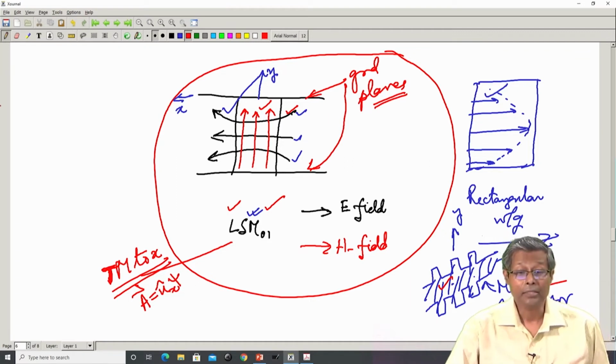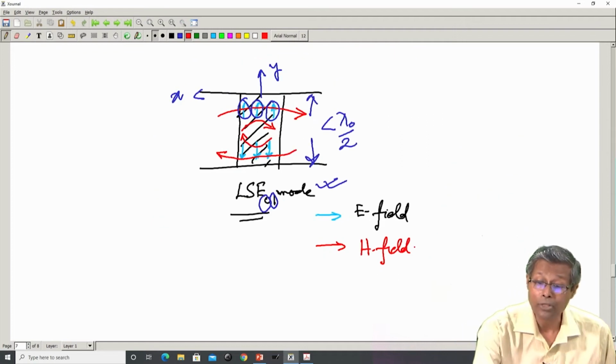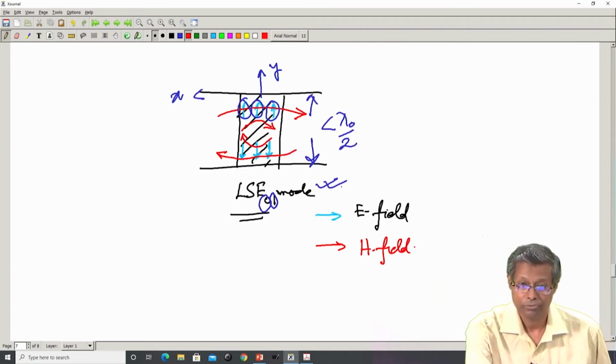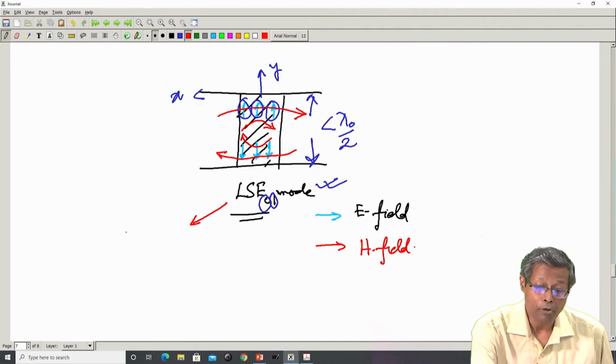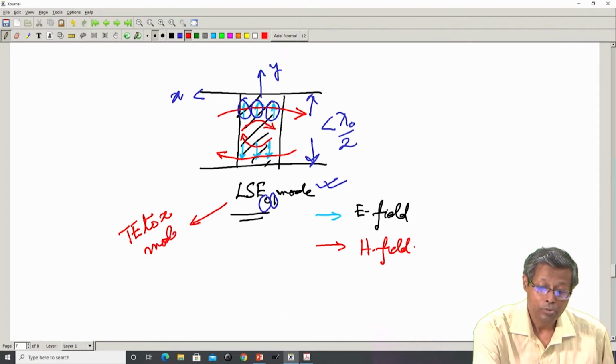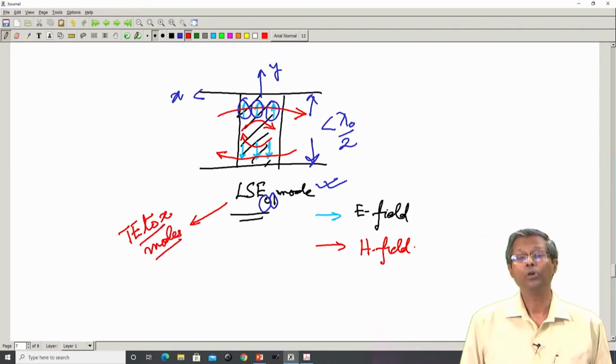Similarly, the LSE modes, I should not say 01, the LSE modes are a general class of TE to x modes, because there is no electric field along the x direction.